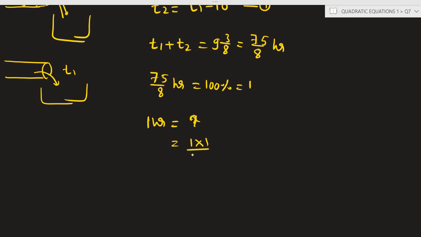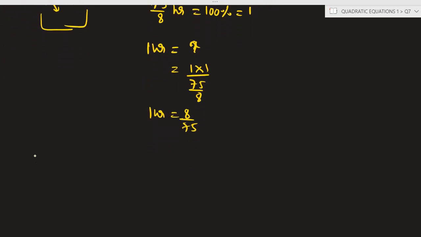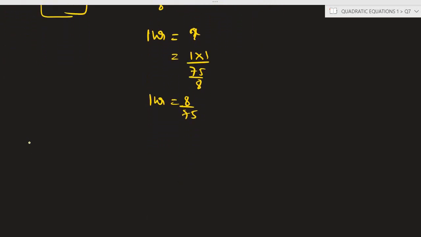1 divided by 75 by 8. You need to cross multiply. How much is it? 8 divided by 75. In 1 hour they are filling 8 by 75 capacity of the tank. The smaller tap is taking T1, and you know this equation: 1 by T1 plus 1 by T2.